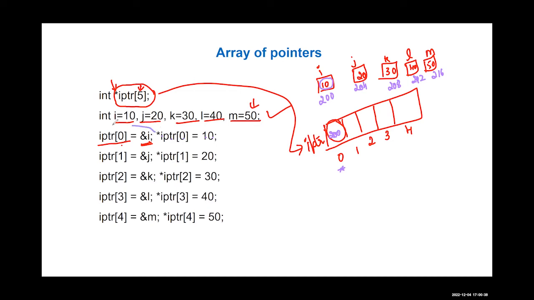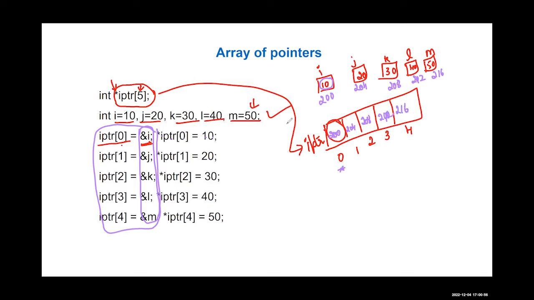So if you see this entire code here, what am I going to do? I am going to store the address of each of these variables here, that is 204, 208, 212, 216.